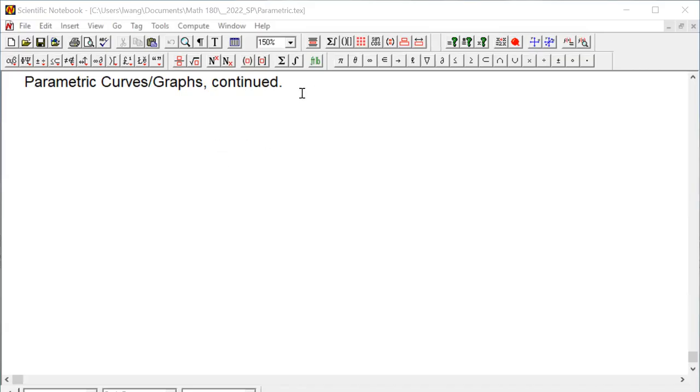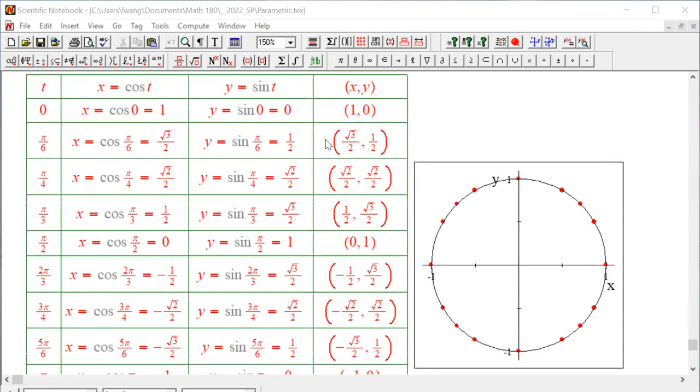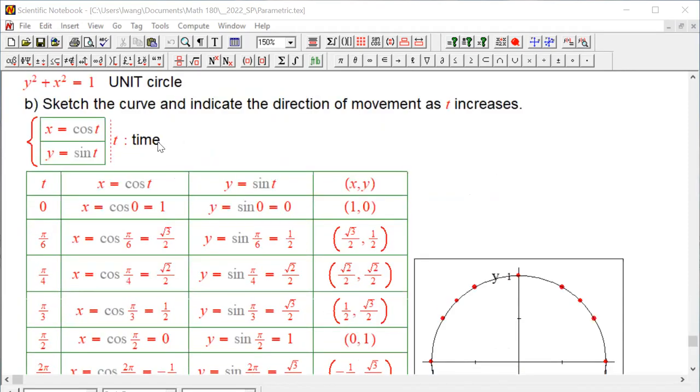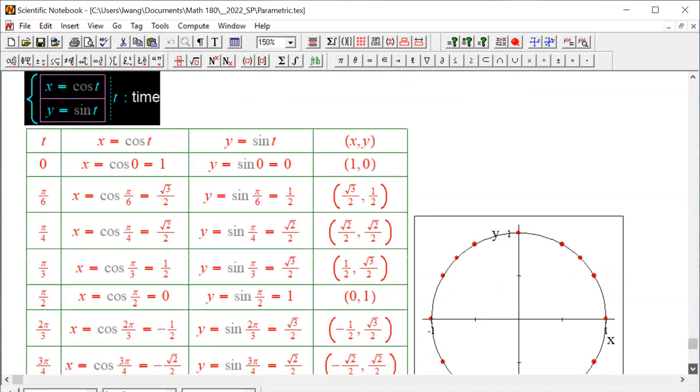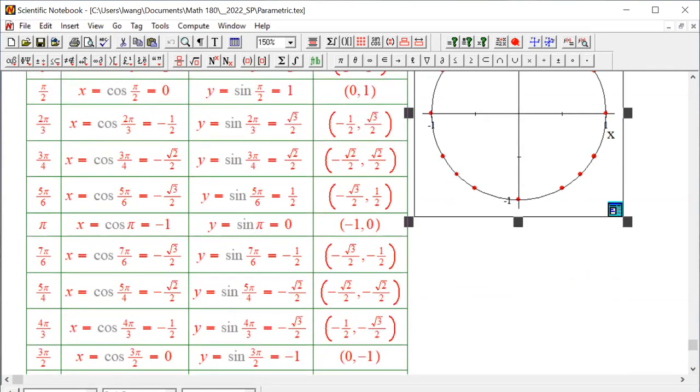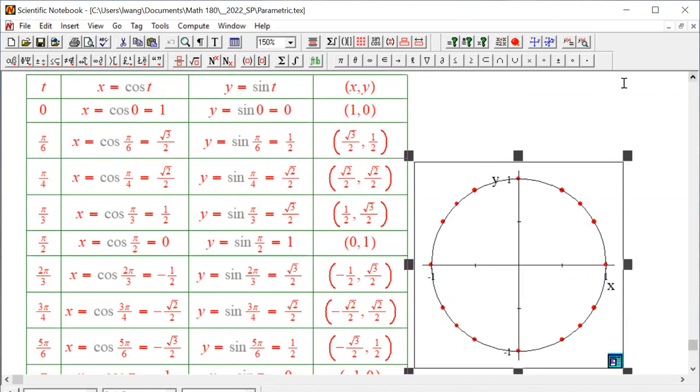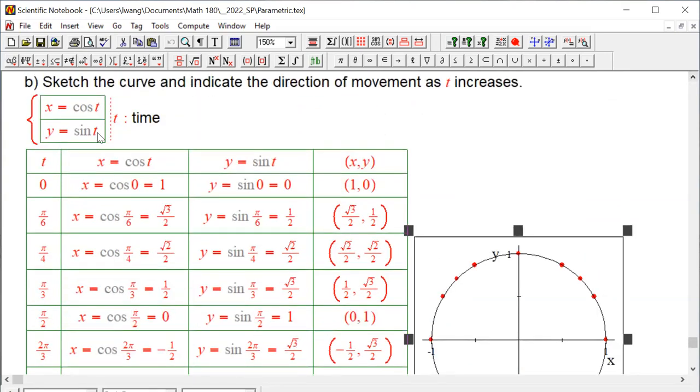Hi, in this lesson, we're going to continue to talk about parametric curves and graphs. Last time we did an example, which is a circle, and we have seen that for a parametric equation like this, we get a curve which goes counterclockwise as time increases.